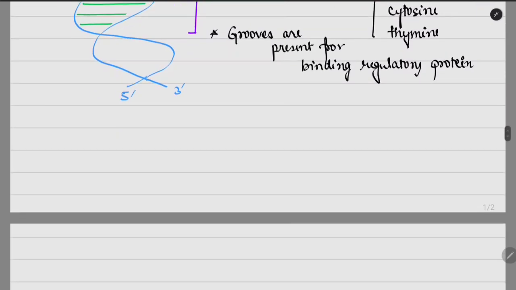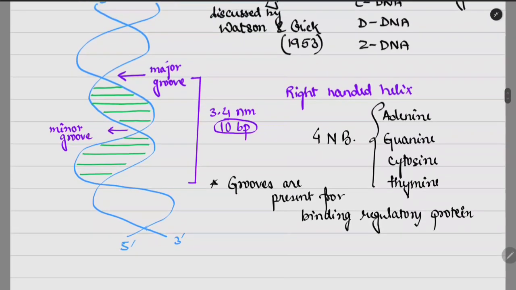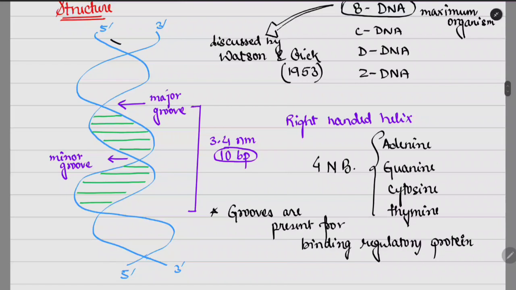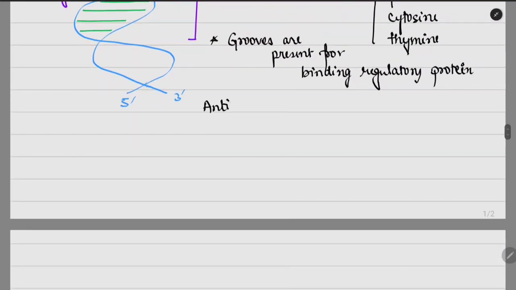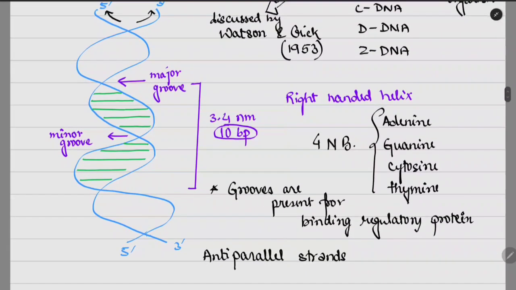These two DNA strands are anti-parallel to each other. Here you can see that one is towards the 5' side and another one is the 3' side. Both 5' sides are not in the same direction, nor are both 3' sides. That means they are anti-parallel strands. So what are the important points we are getting here?